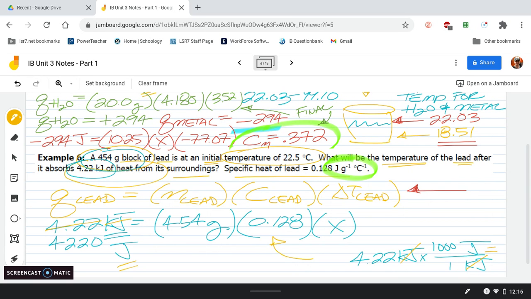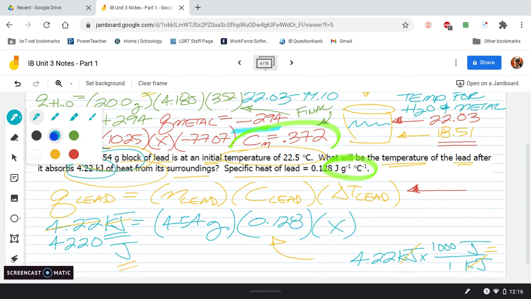Okay, so let's solve this for X, which is not a final answer, but a change. So you're going to take 4,220 divided by, in parentheses, 454 times 0.128, close your parentheses, hit enter, and you're going to get, because of sig figs, I got 72.6.